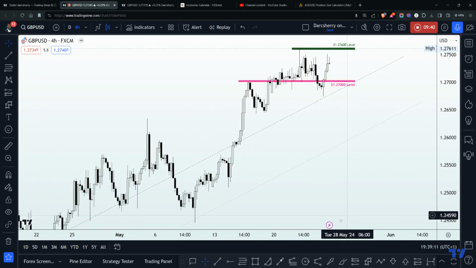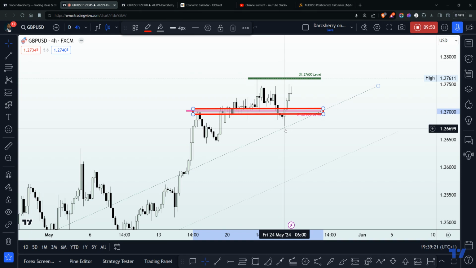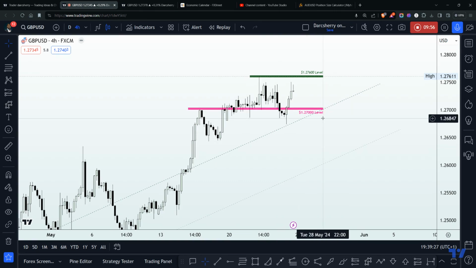Now, zooming into the current structure, this is our key level right here, as you will see, and it beautifully shares a confluence with that first ascending trend line. So, at this point in time, this key level here is going to be playing a major role in guiding our decisions next week.